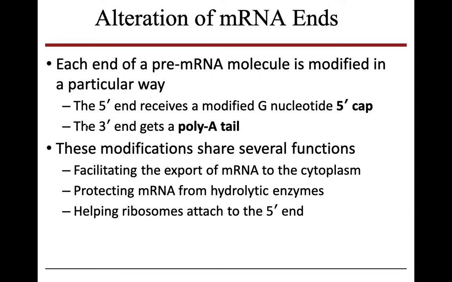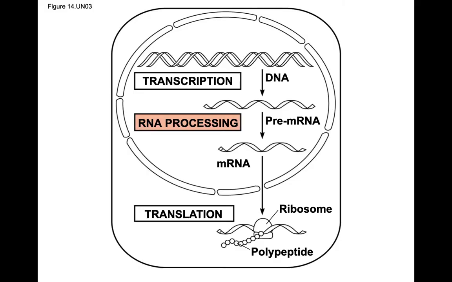And then the 3' end usually gets a poly A tail, a repetitive segment of adenines that really don't do anything for coding a protein, but are really important for protecting the mRNA from enzymes. So these two modifications protect, help facilitate export, and also help the ribosome attach to the 5' end so it knows the direction of coding.